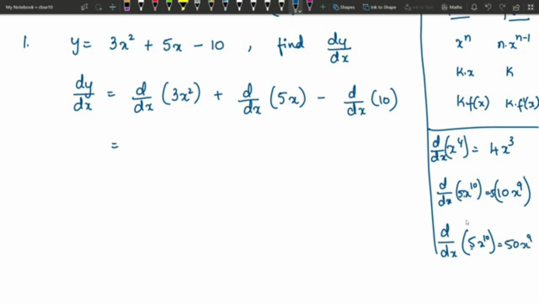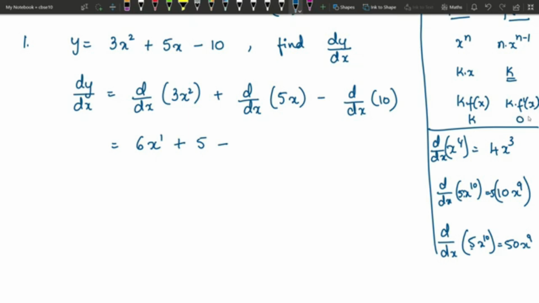So using this result, here differentiation of 3x square: 3 into 2 is 6, x power 1 less, plus derivative of 5 into x, which is k. Derivative of k into x is k. So derivative of 5 into x is 5, minus derivative of a constant is 0. If you don't have x term at all, then derivative is 0.